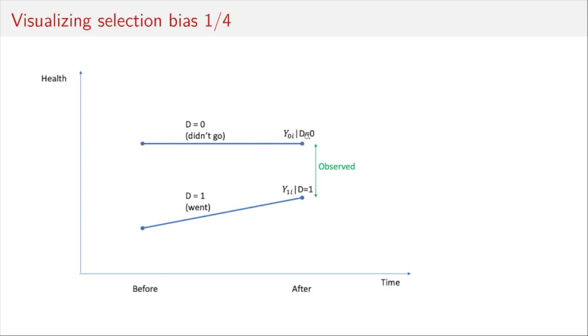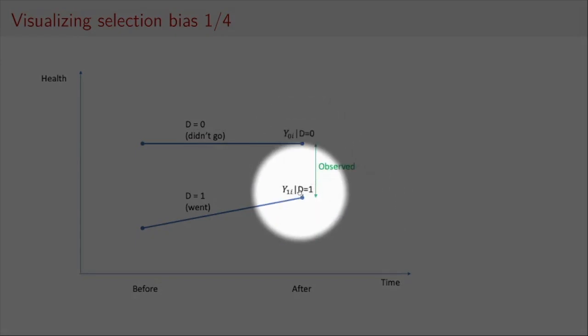Y0i given d equals 0 is this dot. The people who went to the hospital perhaps had bad health before. Then they went to the hospital and their health that we observe is now y1i given that d equals 1. These people went, these people did not. Our data that we observe is simply the difference between this and that.